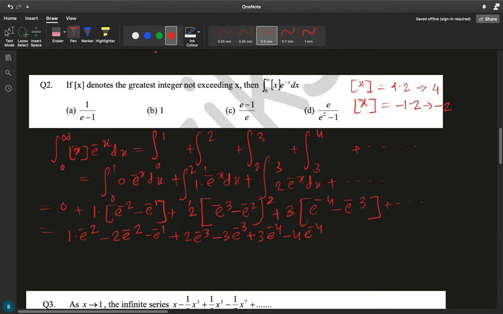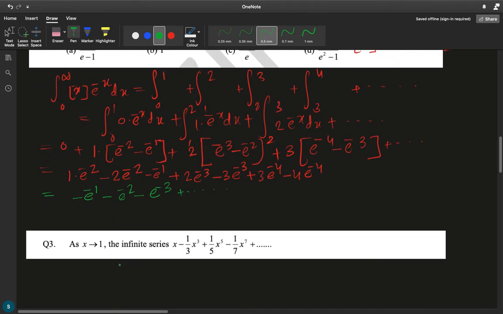If you look closely, then you will be able to see a pattern. So what is that pattern? Minus e to the power minus 1, minus e to the power minus 2, minus e to the power minus 3 and so on. So this is a GP series with common factor e to the power minus 1, increasing in every single step.